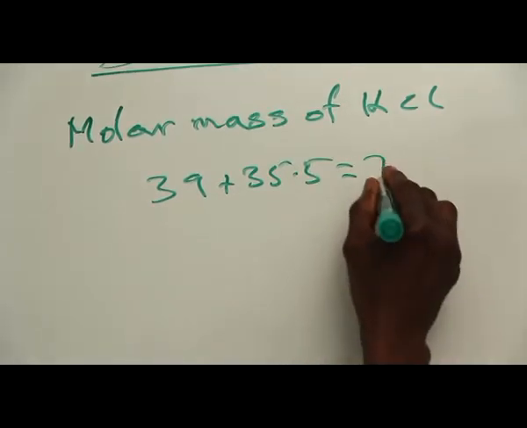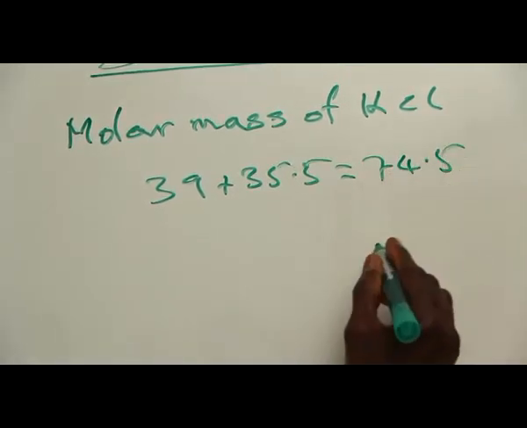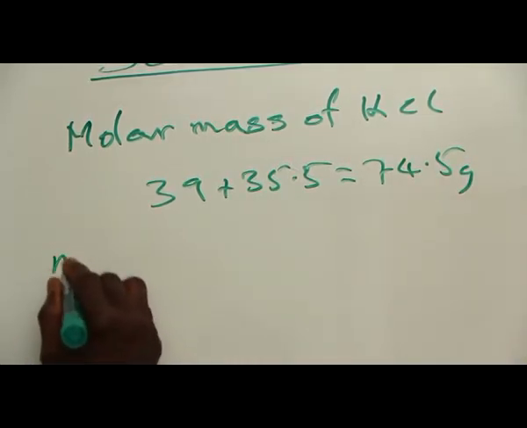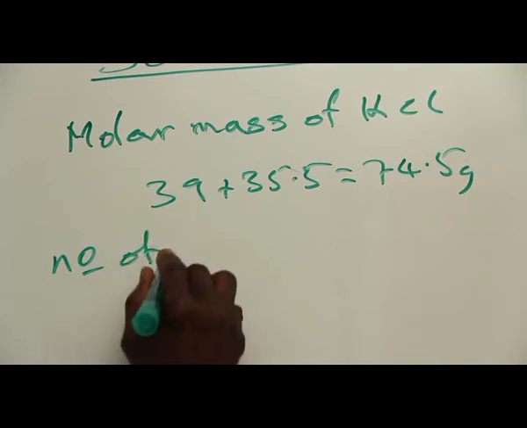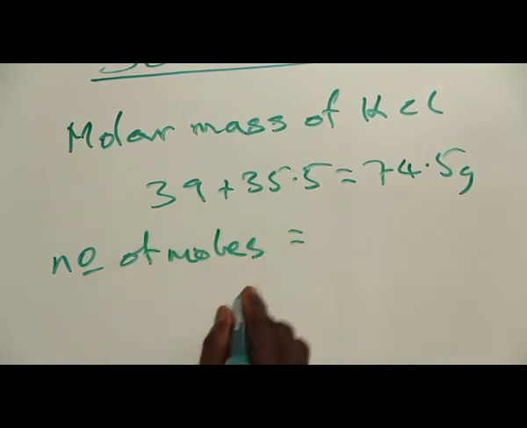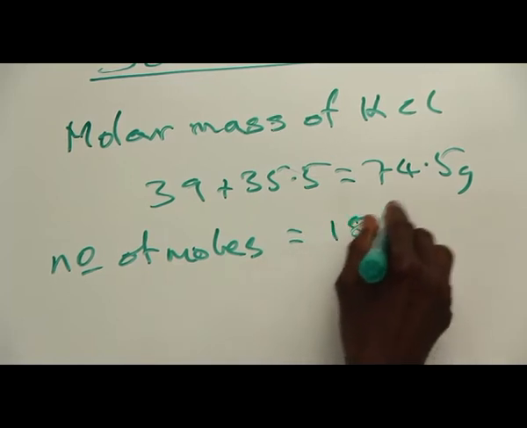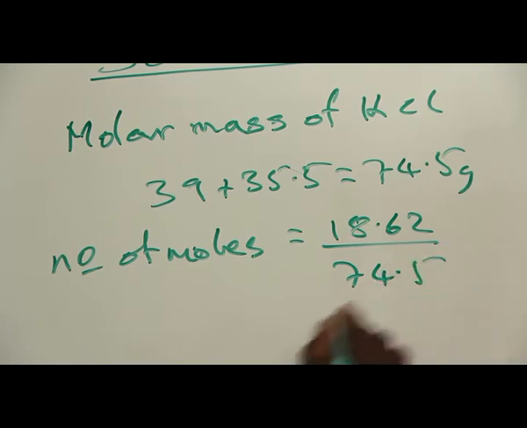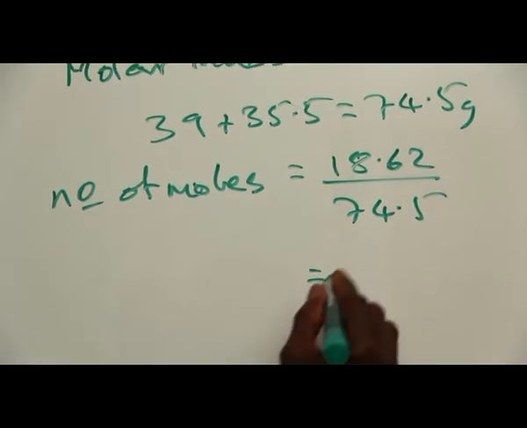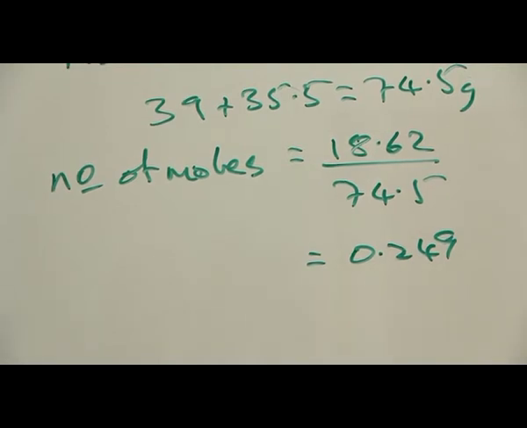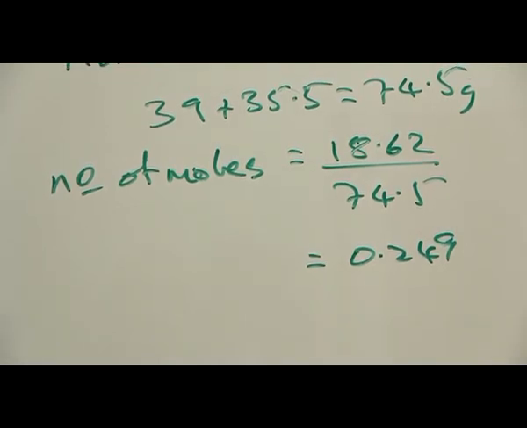This gives us 74.5. And so number of moles is mass in grams, 18.62, divided by molar mass, 74.5. And when calculated, it gives us 0.249 moles. So this number of moles dissolves in 50 centimeter cube of water.